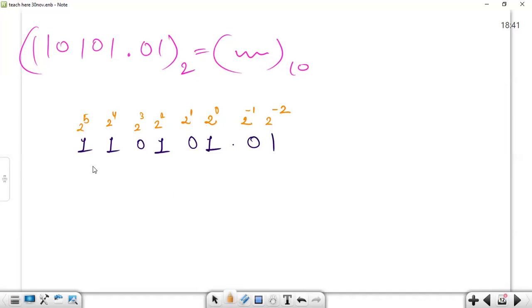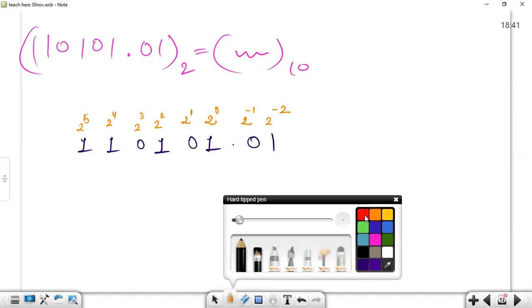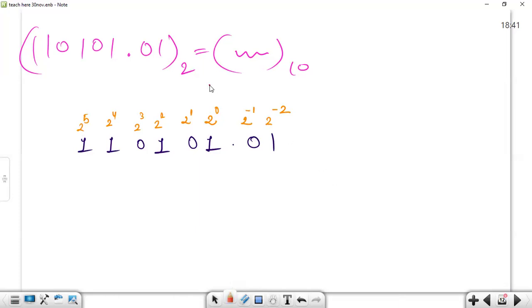Okay, so we'll multiply the same. So first of all, let's write their values. What is 2 raised power 0? 1. 2, 4, 8, 16, 32. 1 by 2, 1 by 4.